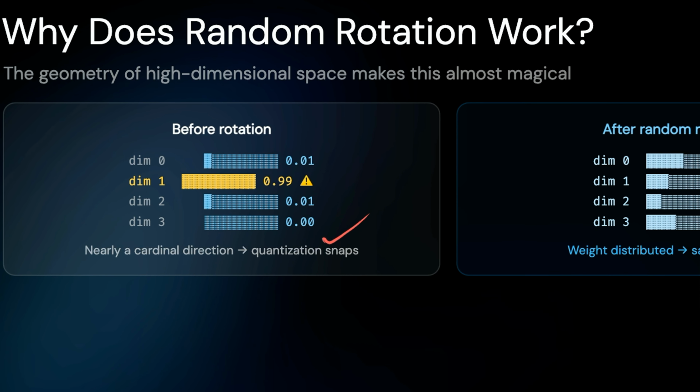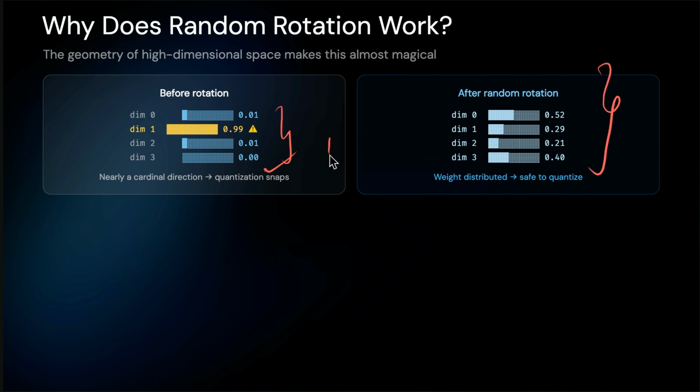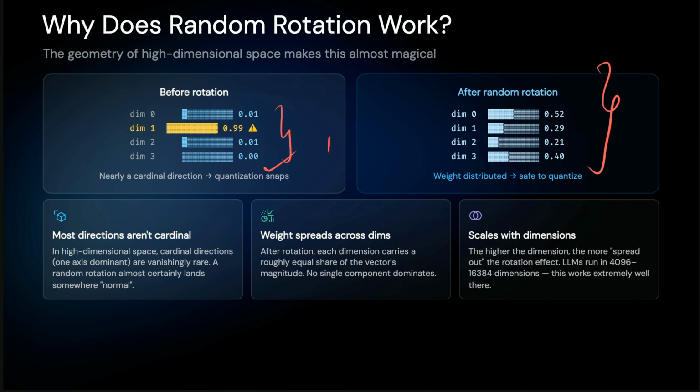Earlier, if you quantize this vector, we are snapping this to one and the rest of it is collapsed, right? But now, because the total energy is spread across different dimensions, we are just losing some precision across each and every dimension, but we are not completely collapsing. The reason this works is pure geometry.